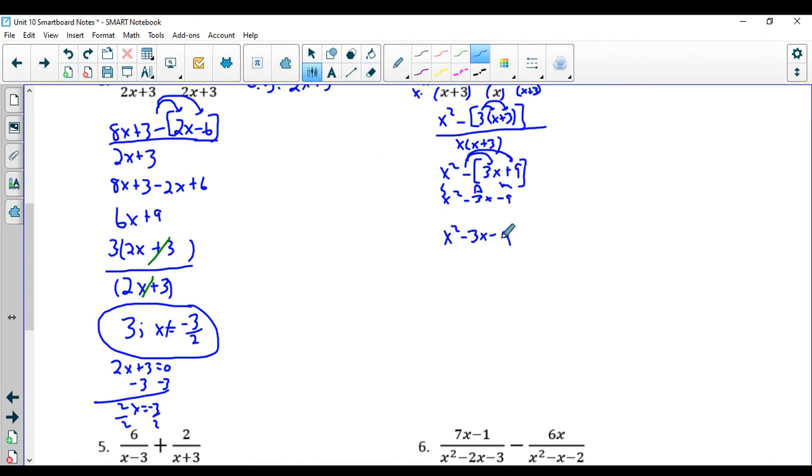And then we're going to be finished once we do our restriction. In this case, our restrictions are 0 and negative 3. Because if I put 0 in here, 0 times anything is 0, and then negative 3 plus 3 is 0. 0 times anything is 0.